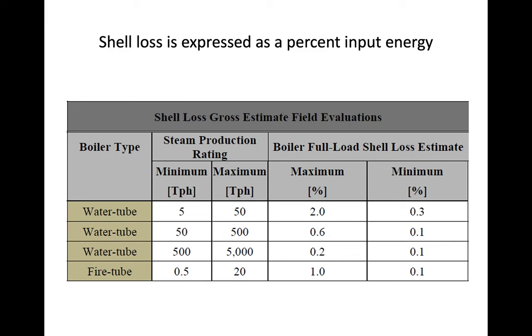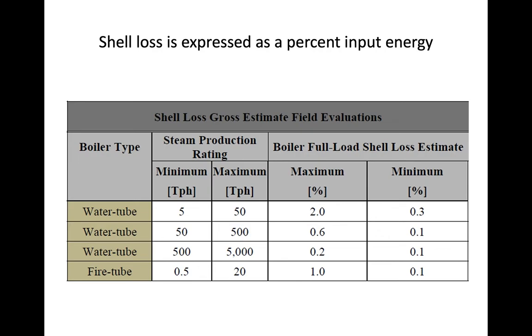Talk about the shell loss, heat dissipated from the boiler. We know that the boiler surface temperature is higher than the surroundings.